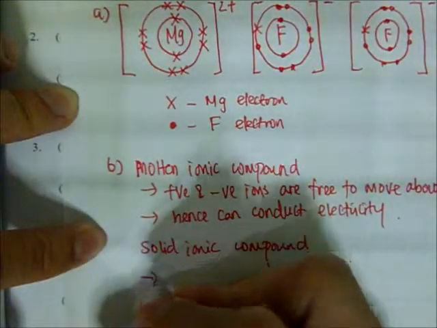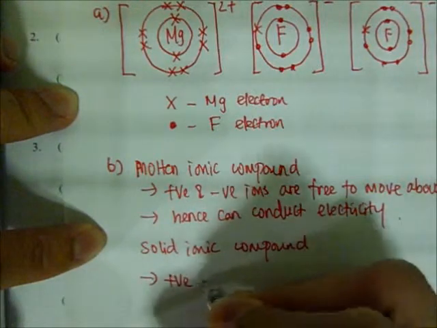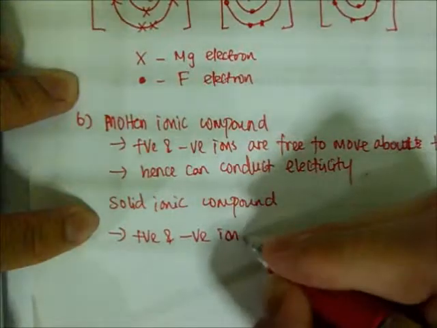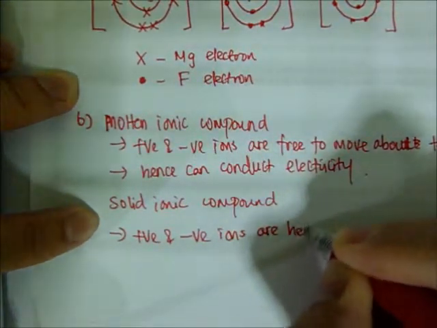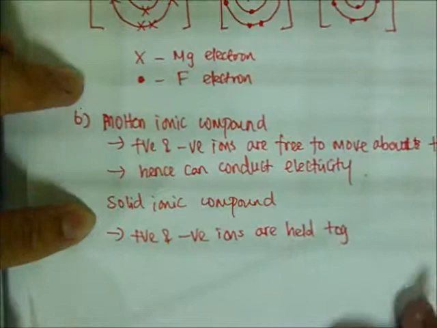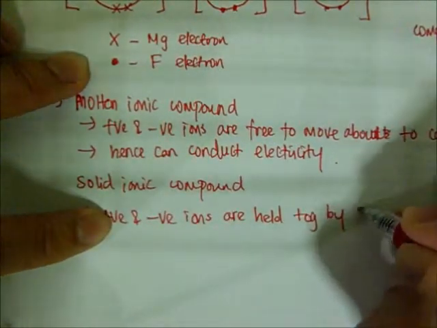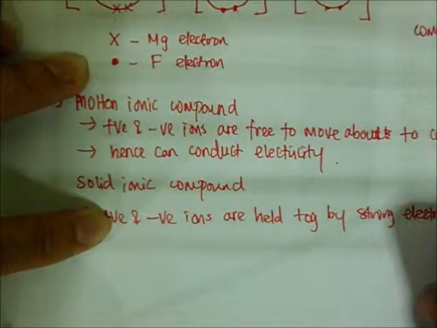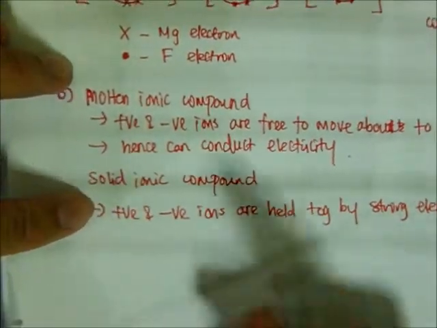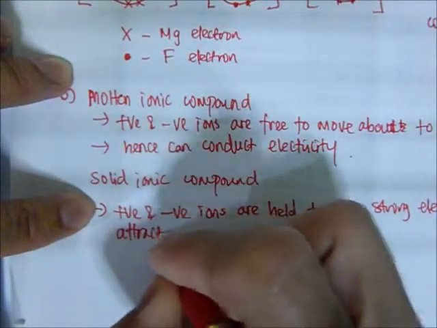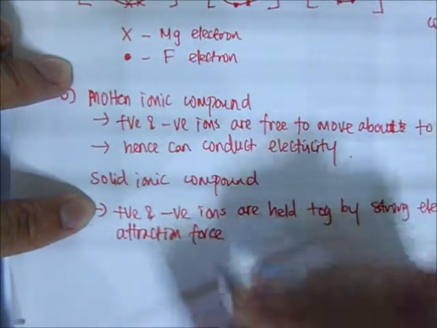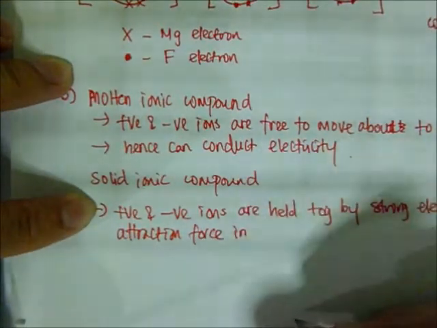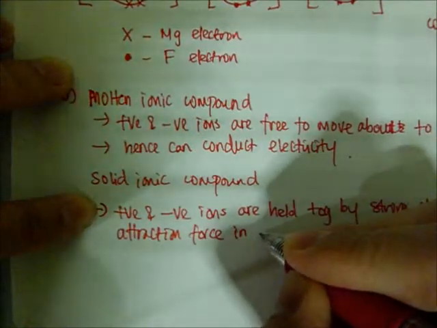So in solid ionic compounds, the positive and the negative ions are held together by strong electrostatic attraction force in fixed positions.